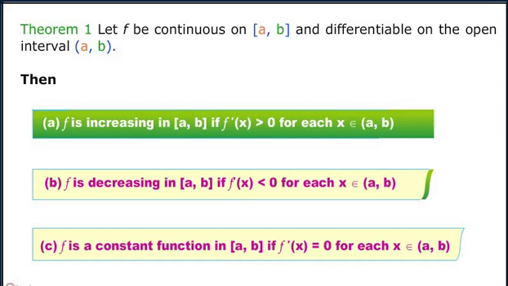C, f is a constant function in the closed interval a, b if f dash x is equal to 0 for each x belonging to the open interval a, b. Now you can click on the proof button to get the proof of number A.